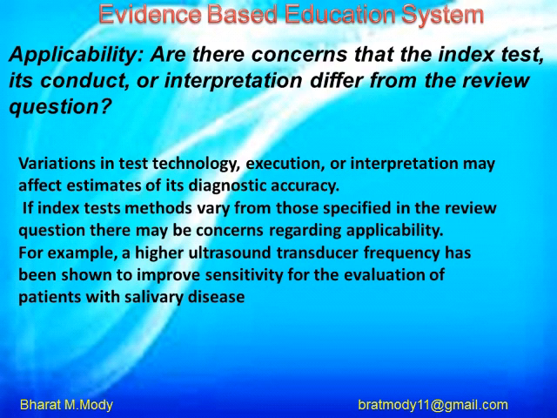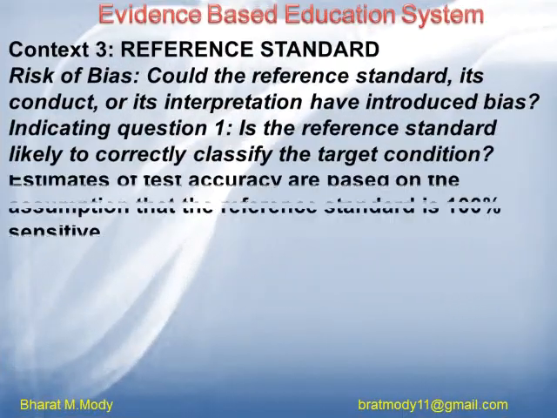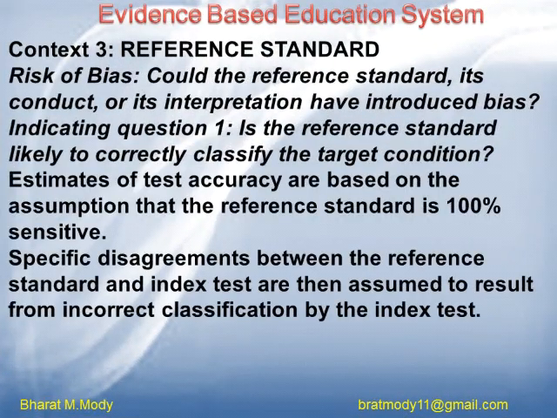For example, with a transducer, maybe you use 13 megahertz, and in comparison you are using 4 megahertz. Then the difference is bound to be there. Sensitivity and specificity of that test will be different. So you see the review question, the aims and objectives, and then you decide that the index test and the reference test should both have the same type of machinery.